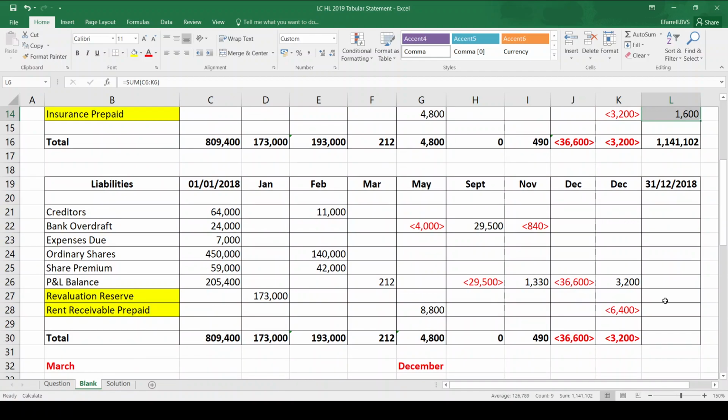Now, we need to add up our liabilities. So first of all, I'm going to add creditors, which come to 75,000. I'm going to total bank overdraft, which comes to 48,660. Expenses due, 7,000. Ordinary shares, 590.